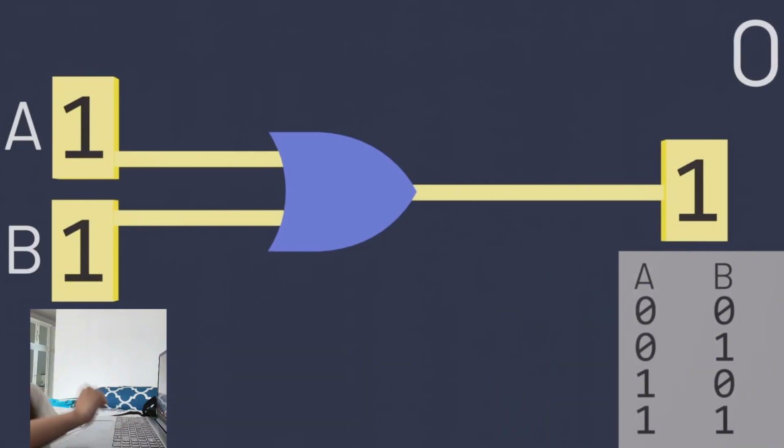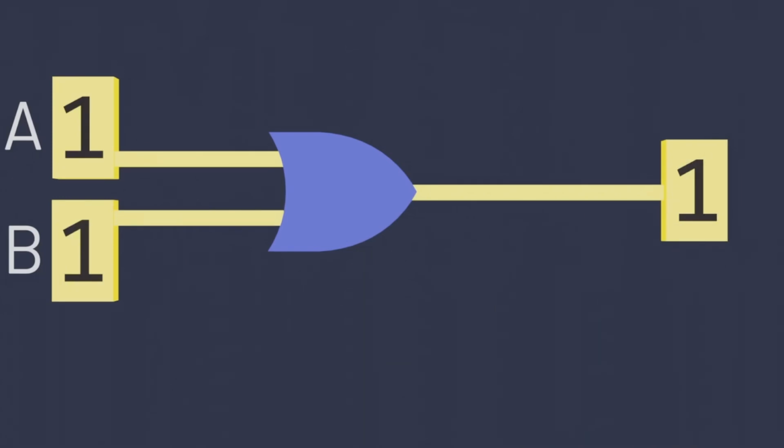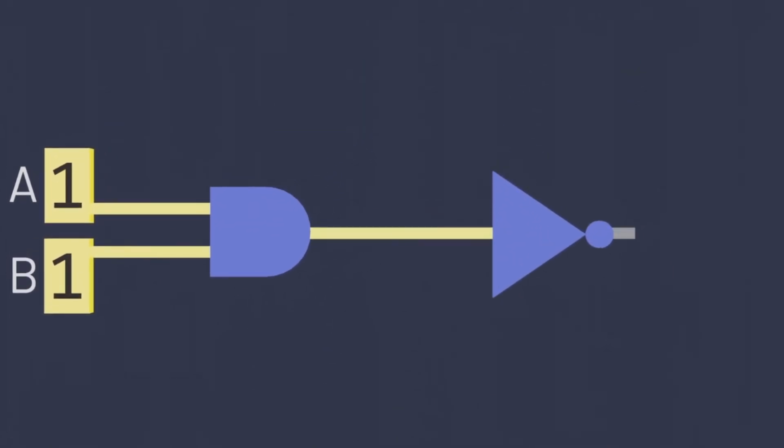These logic gates on their own follow fairly simple rules, but they can combine with each other to form more complex calculations. Imagine what would happen if, for example, we took 2 inputs, passed them into an AND gate, and then passed that output into a NOT gate. What would happen?